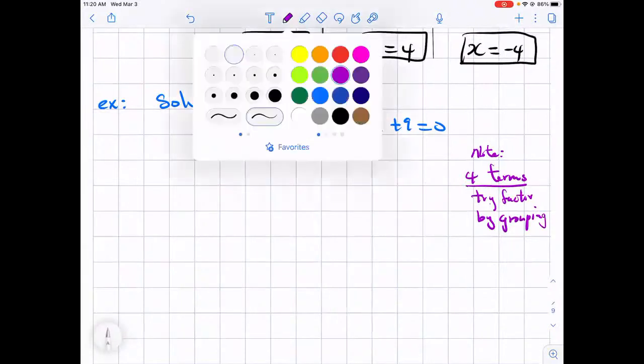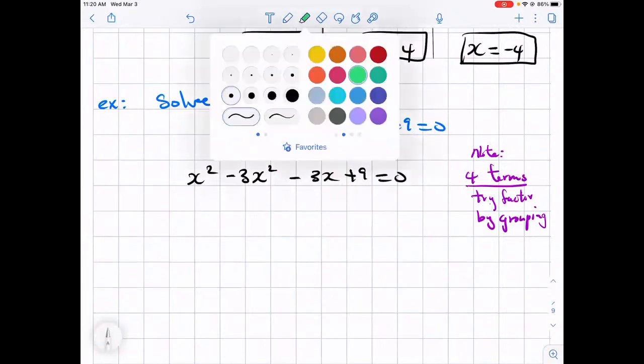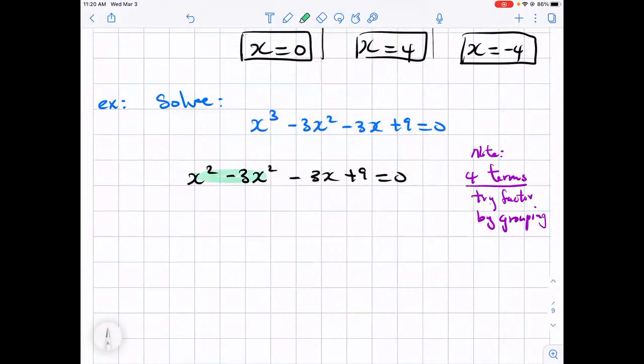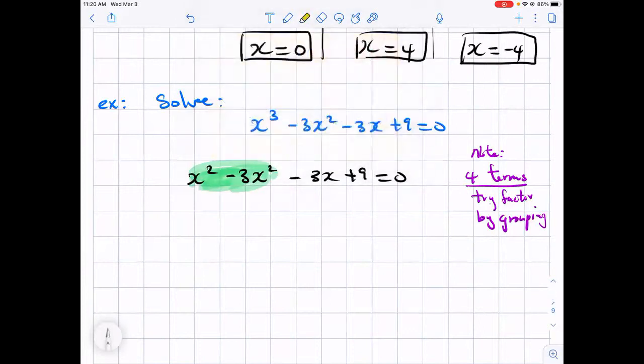So what does factoring by grouping really mean? It means take the problem and break it into two problems. Think of one part of your problem as this portion here, and the next part of the problem as this portion here.